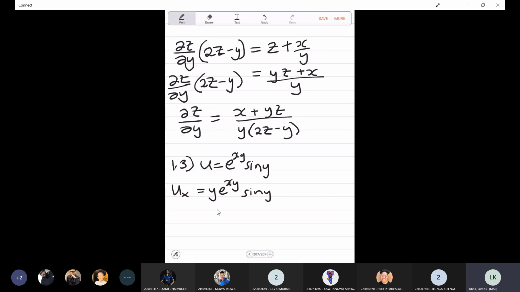Okay, and now we differentiate this with respect to y. So we have uxy. This time we will have to use the product rule. Notice here I have three functions: the y, e to the power of xy, and then sine y. So if you want to use the product rule, you need to group them.